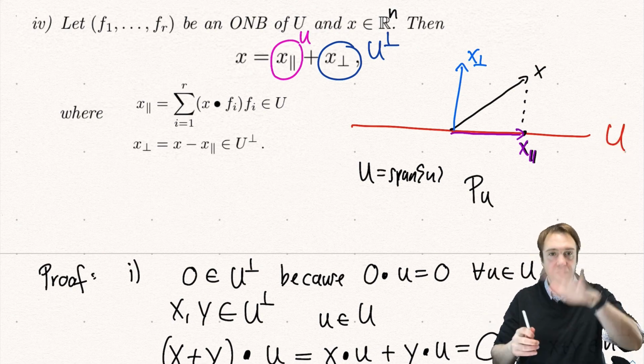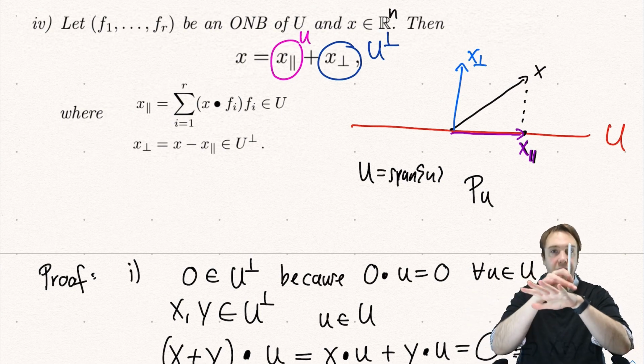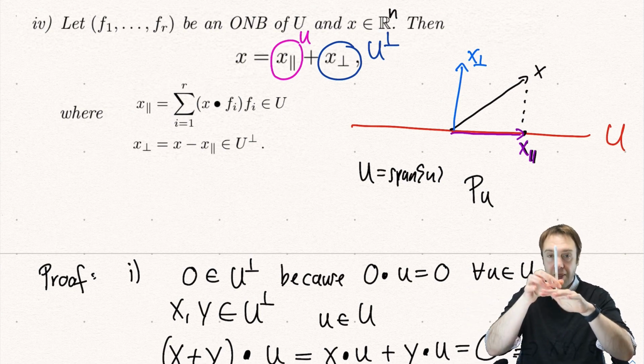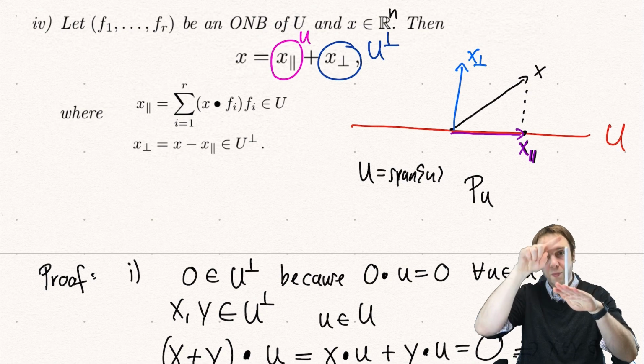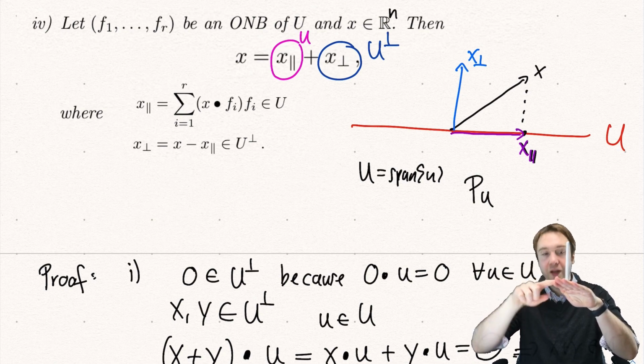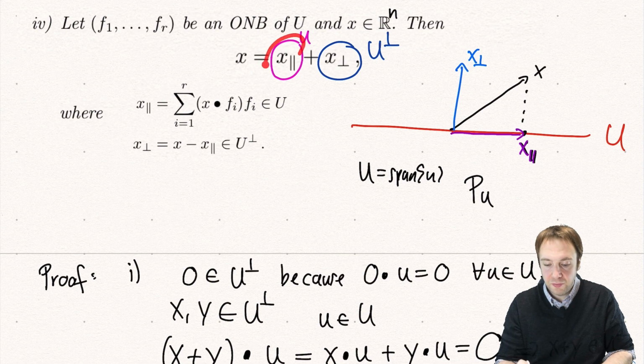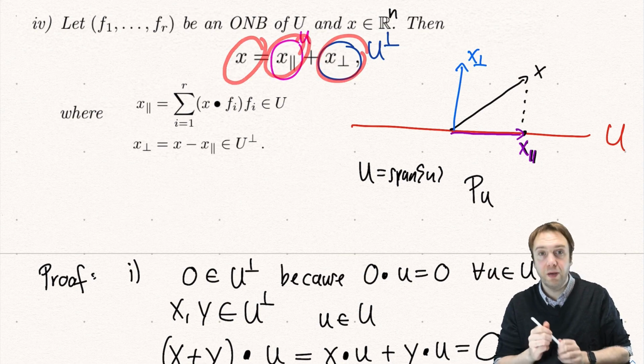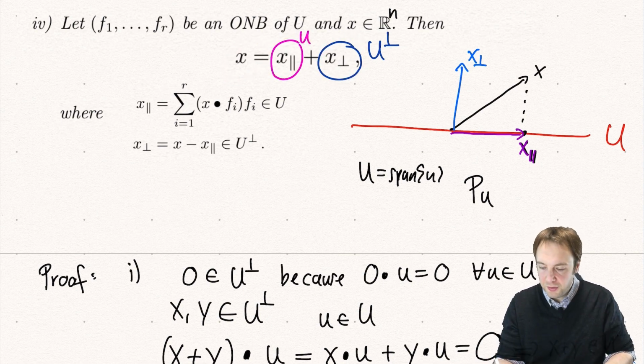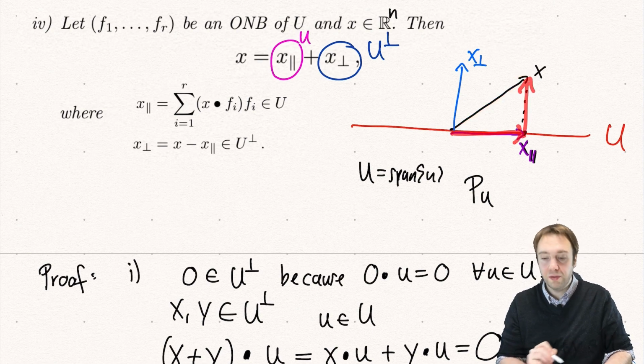If I have the plane and some arbitrary vector in this space, then this x parallel will be the projection onto this plane, and this x orthogonal will be a vector which is orthogonal to the plane, and the sum of these two vectors will give back my original x. So here this x is the sum of the purple plus the blue vector.